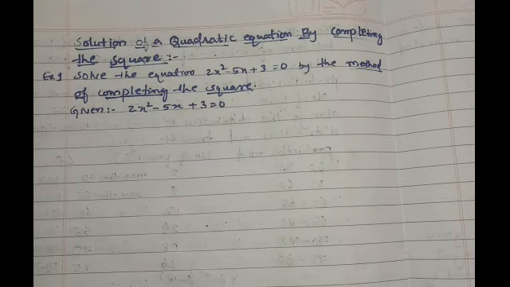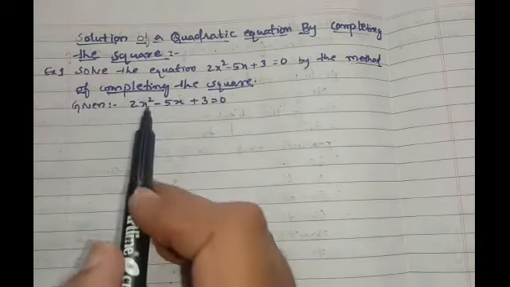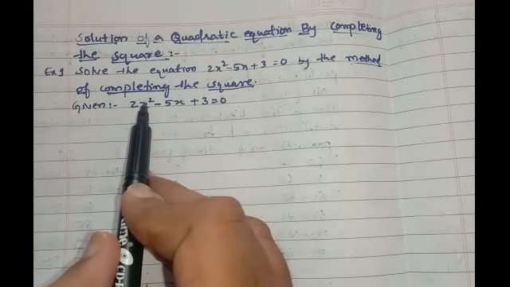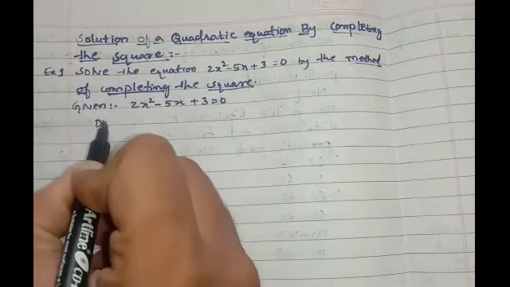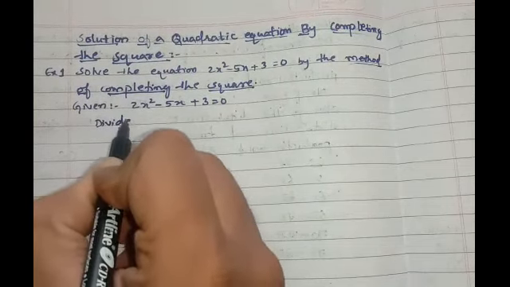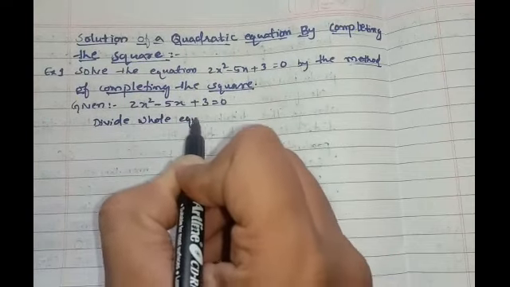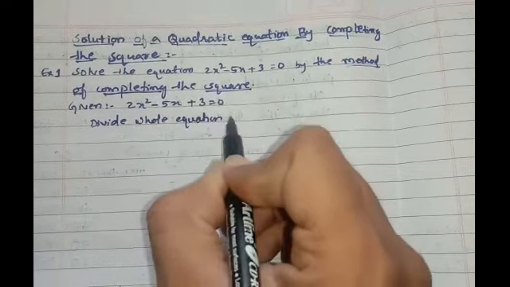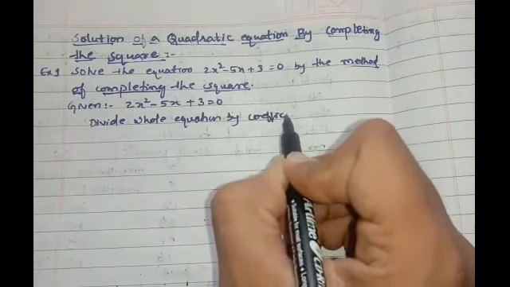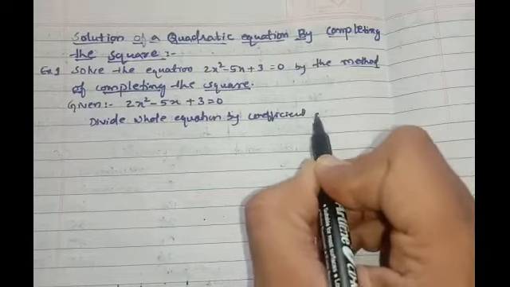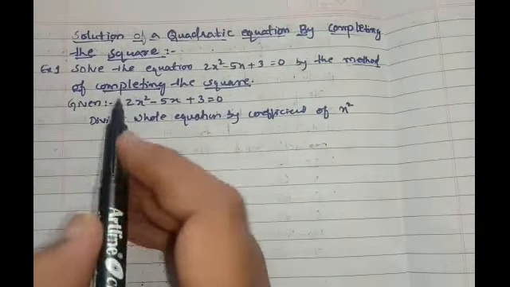We have to divide the whole equation by the coefficient of x square. The coefficient of x square is 2.